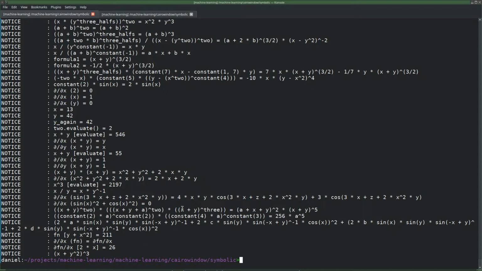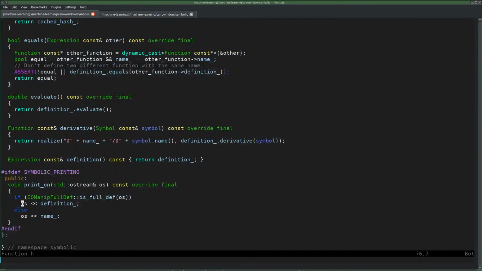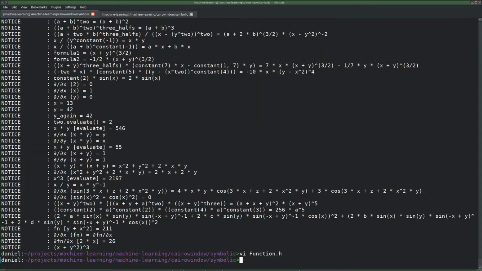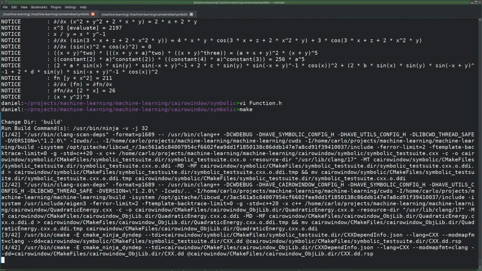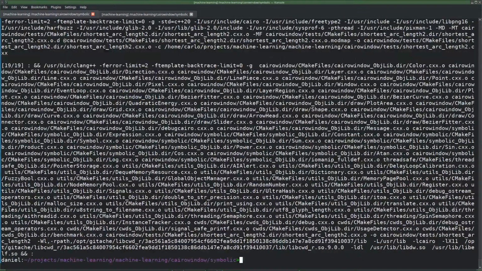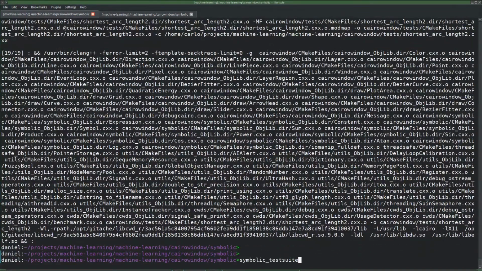I think the problem is in the printing that I just changed, in function.h. It could print a parenthesis around the definition. Yeah, that must be it.